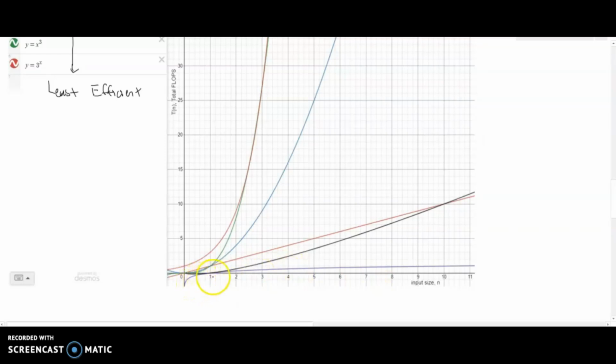And what we mean by most efficient is in the long run. When you start to increase your input size, we call this in the long run, because typically we are not running functions for 2 iterations or 3 iterations. In the real world, things run a lot of times, maybe on the order of millions of times.